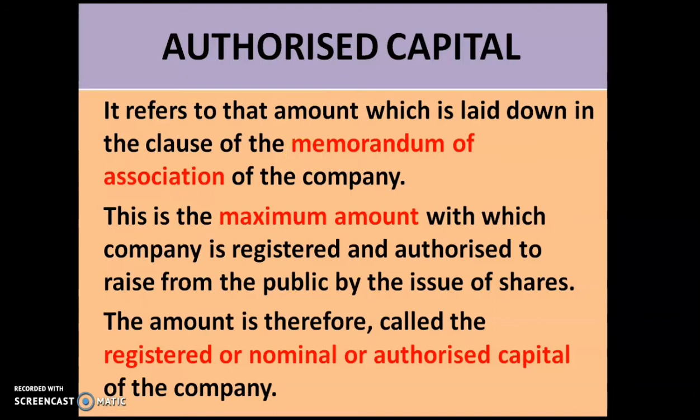At the incorporation stage, they have to present a memorandum of association to the registrar. In the memorandum, there are some clauses in which the authorized capital of the company has to be mentioned. Whatever amount you have written in the memorandum of association is referred to as authorized capital.